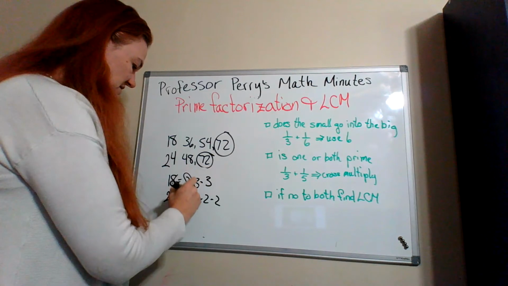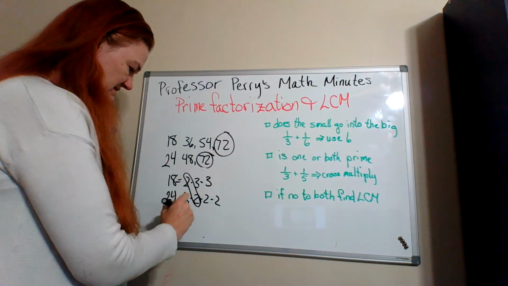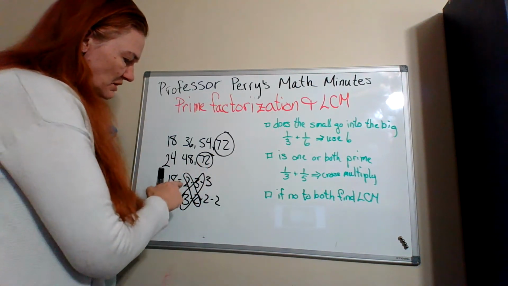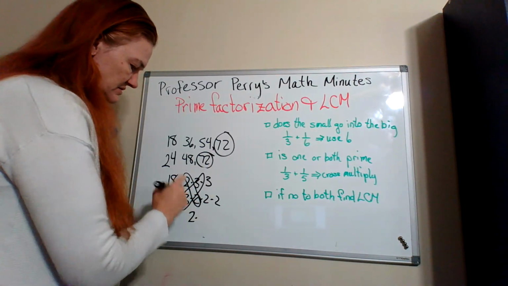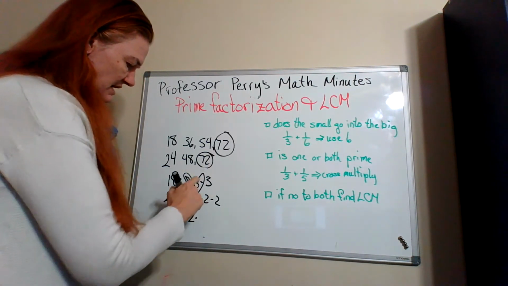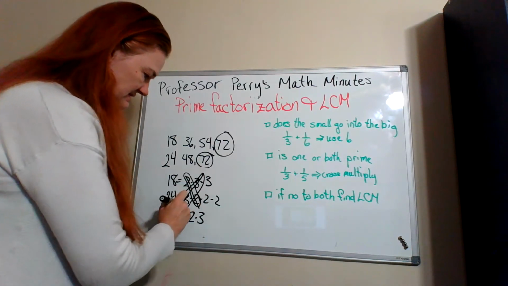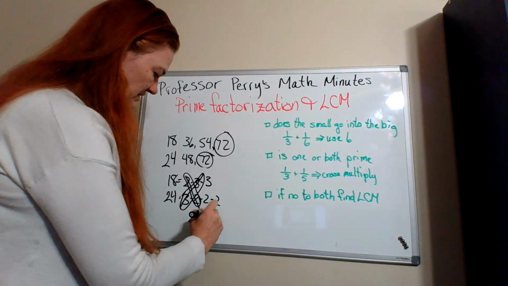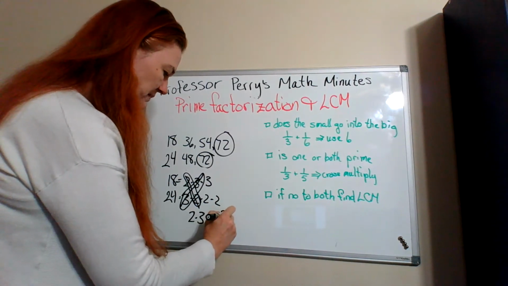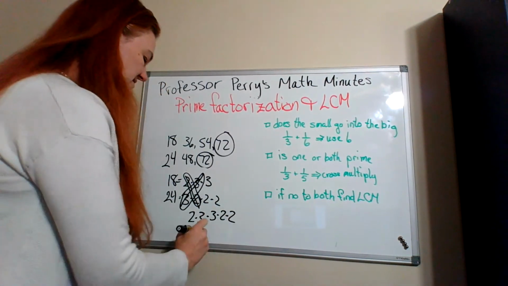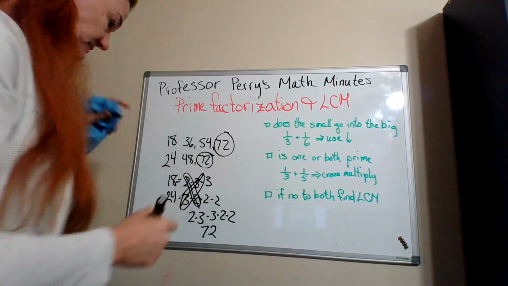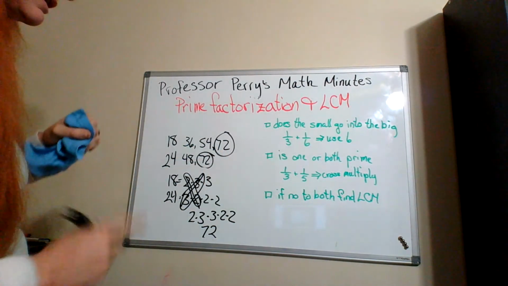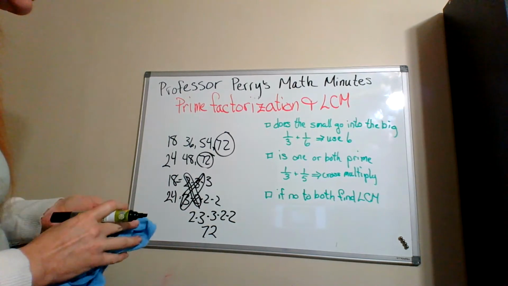But I have a set of 2s, and I have a set of 3s. So when I have a set, I'm only going to write it down once. So that takes care of those. I have a set of 3s. That takes care of those. Now I'm going to put everything that's left over. And when I multiply all that together, I'm going to get 72, which is what we found up here. Okay, I hope that made better sense.